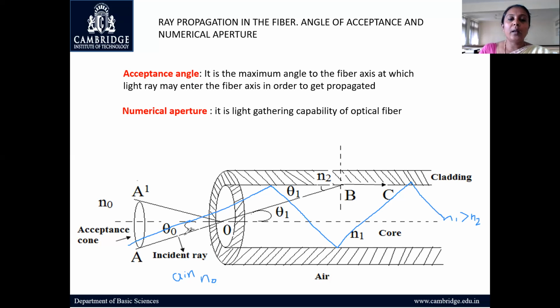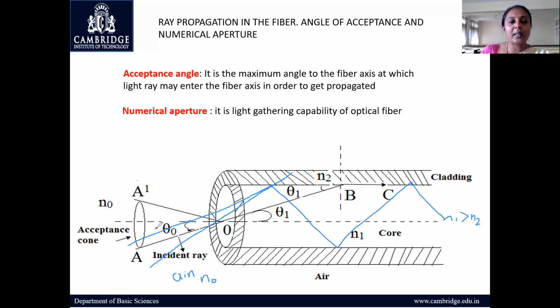Another case is when we incident a ray of light at an angle greater than the acceptance angle. What will happen? The ray of light will pass directly into the optical fiber cladding, because the angle of incidence is greater than this acceptance angle.